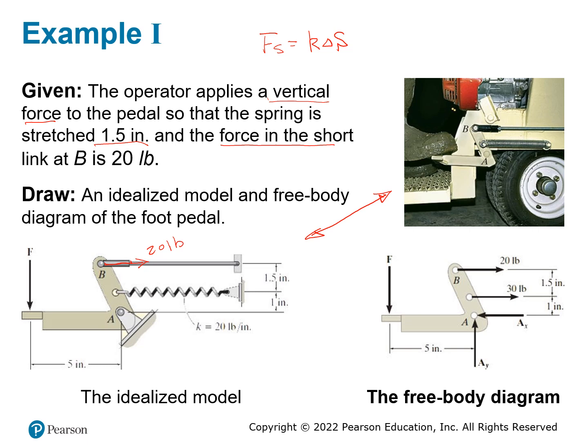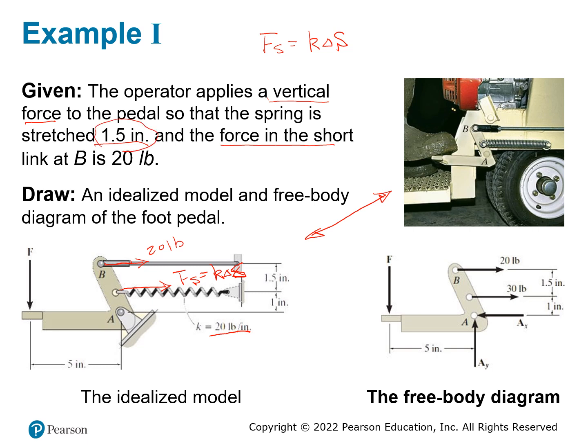And the spring, because it is stretched, is going to create a spring force going this way as well. So this is F of S, which is equal to K delta X. And your K is going to be equal to 20 pounds per inch. The delta S or delta X, which is the change of the length, is going to be 1.5.